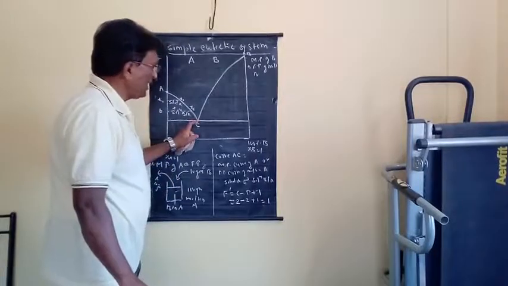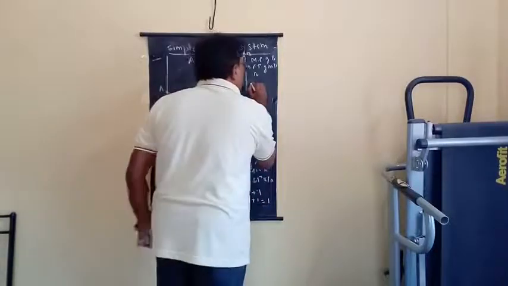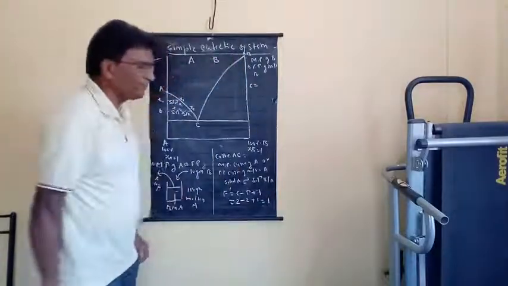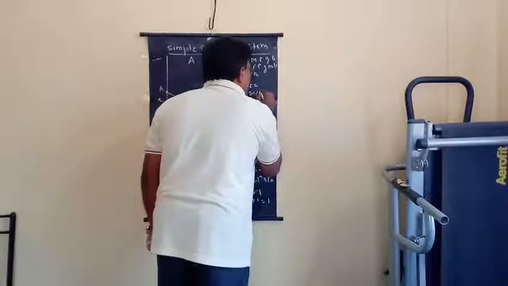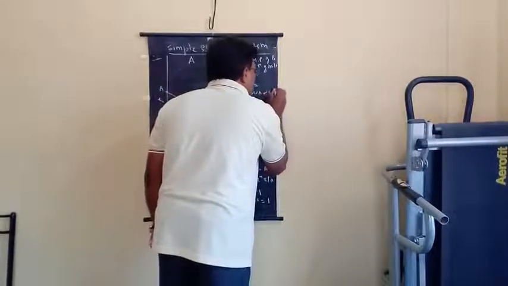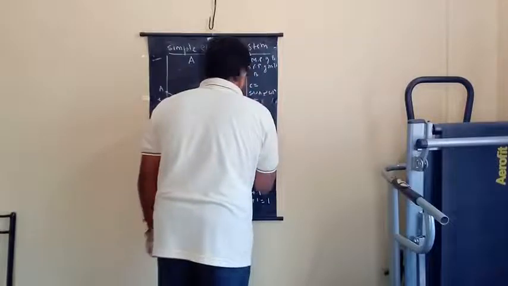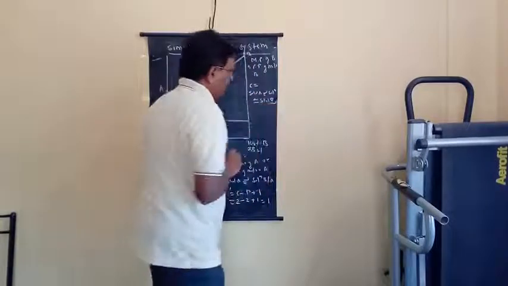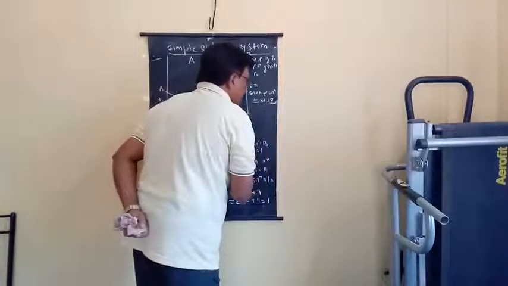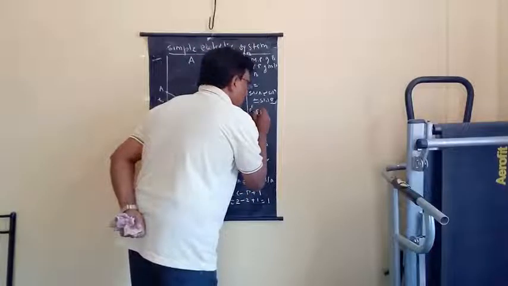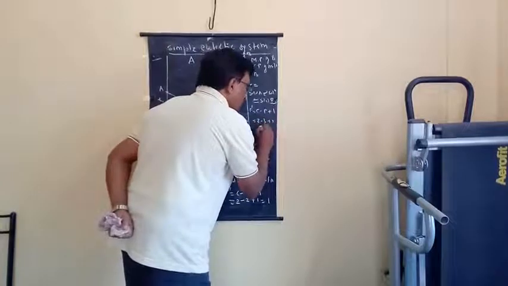Now, as soon as we reach point C, what will happen? Solid B also separates out. That means along the curve we have solid A in equilibrium with solution, and as soon as we reach point C, the solid B also separates out, and therefore at this particular point C, three phases are in equilibrium, and according to the reduced phase rule, 2 minus 3 plus 1, that is equal to 0.